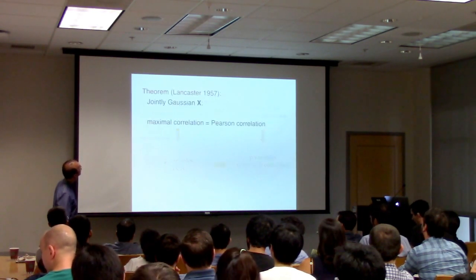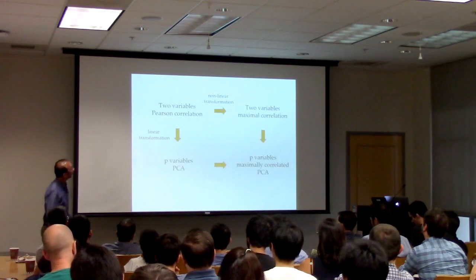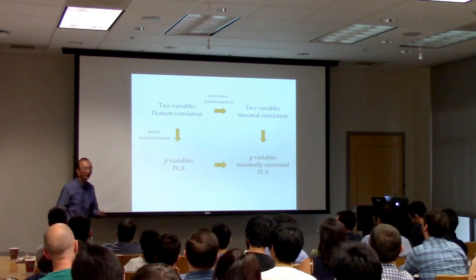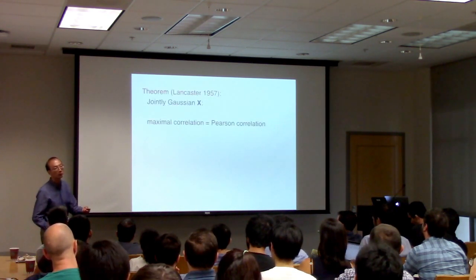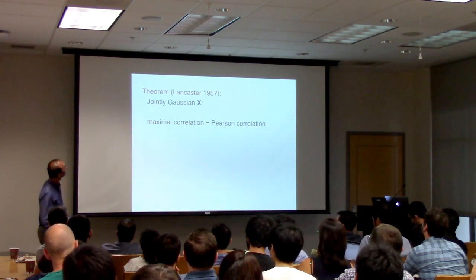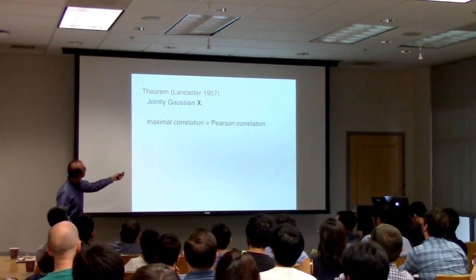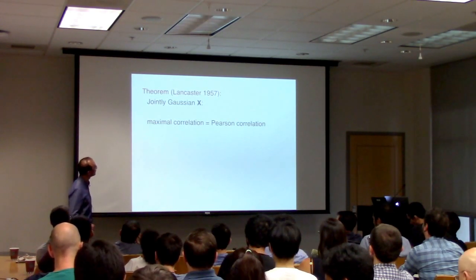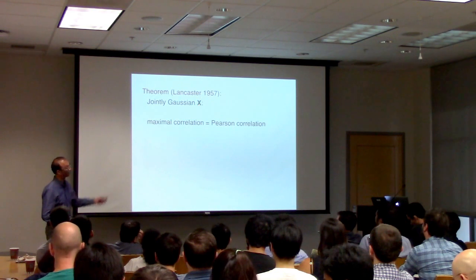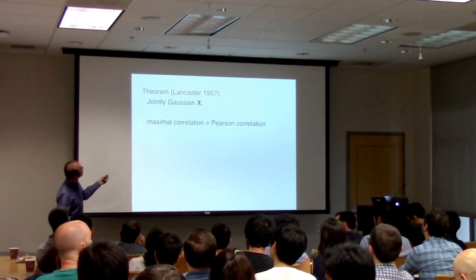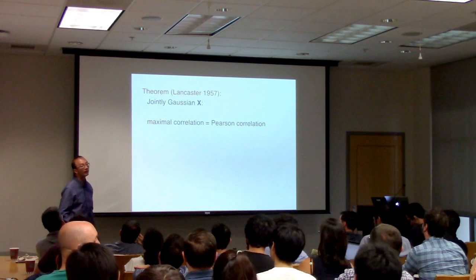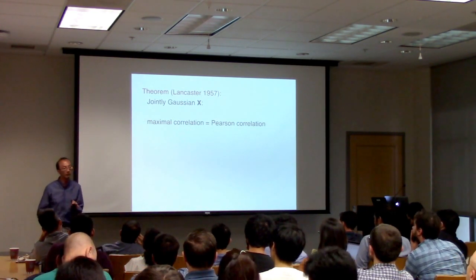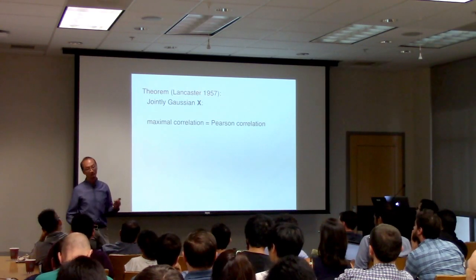Okay? All right. So I won't do much math here, but we do have a theorem that we're pretty proud of, so I would like to quickly mention it before I go to some empirical examples on some real data. The theorem for two variables, which I already briefly mentioned, by Lancaster in 1957, is that if you have two variables and they're jointly Gaussian, then maximum correlation, which is optimizing over all functions, is equal to Pearson correlation. In other words, for jointly Gaussian random variables, the optimal functions are linear.